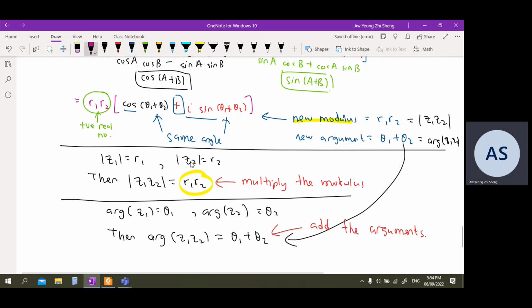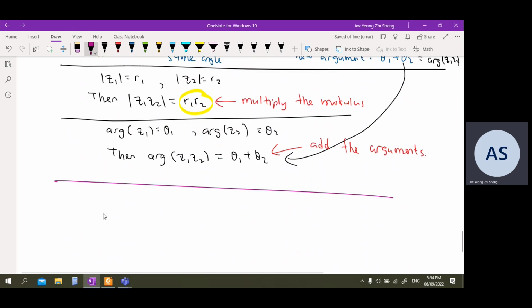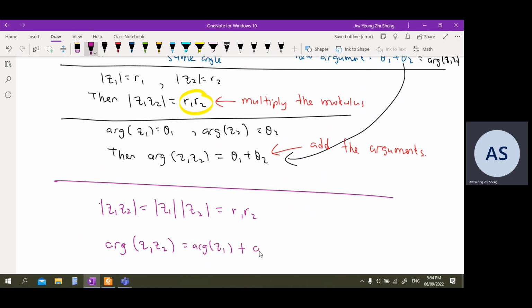If you recall the properties of modulus and argument earlier, we know that the modulus of Z1 Z2 can be distributed over multiplication, and you still get R1 times R2. Then argument has a similar property as logs, so you can break this up as argument of Z1 plus argument of Z2, and you still end up with the same result, theta 1 plus theta 2.